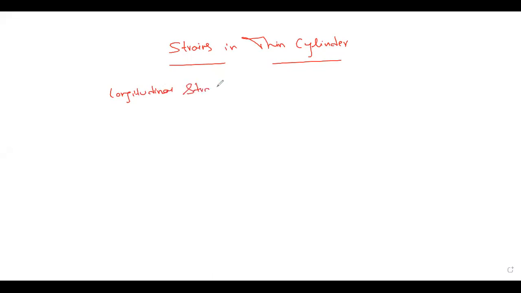I think in the previous class we already discussed how to achieve the longitudinal strain. Can you tell me the formula for the longitudinal strain, epsilon L? Can anyone tell me the formula for the circumferential strain or hoop strain?